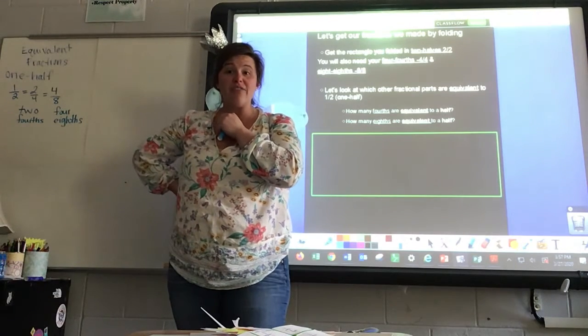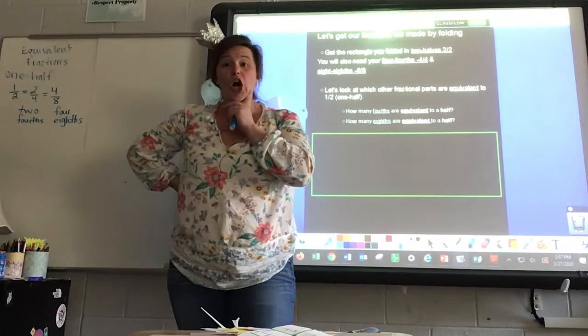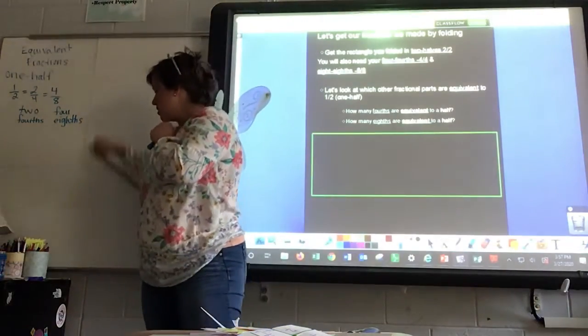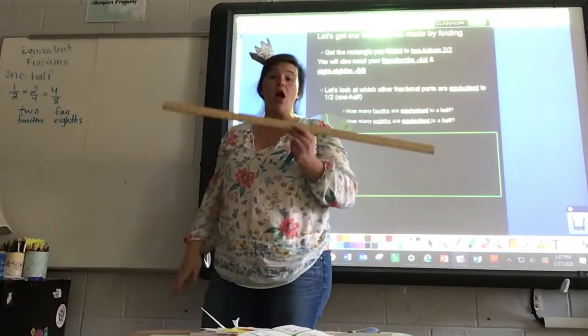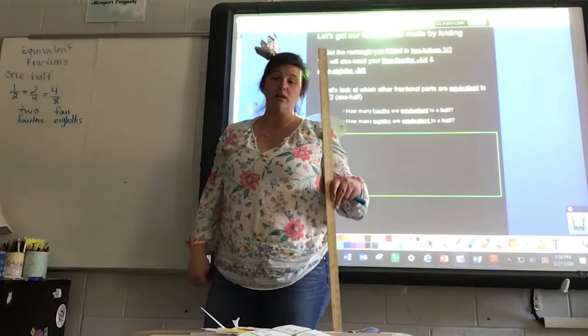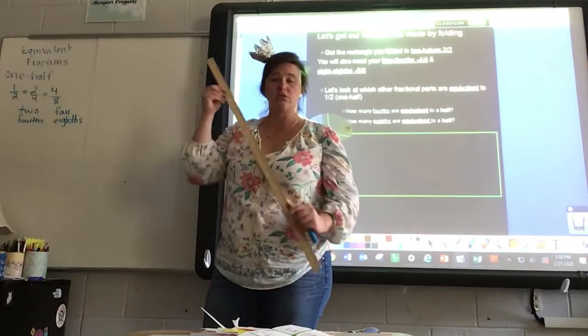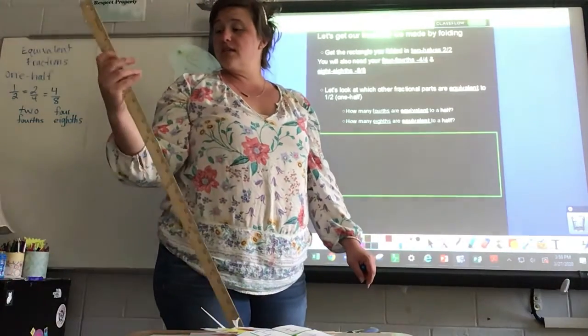Yeah, real life number lines are like a ruler or a metric stick or I've got my yardstick. This is like a number line, whether you hold it horizontally or vertically. The measurements or the units are not going to change. The units on here are inches and centimeters.